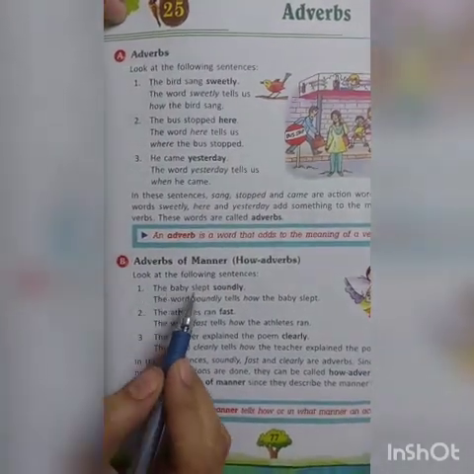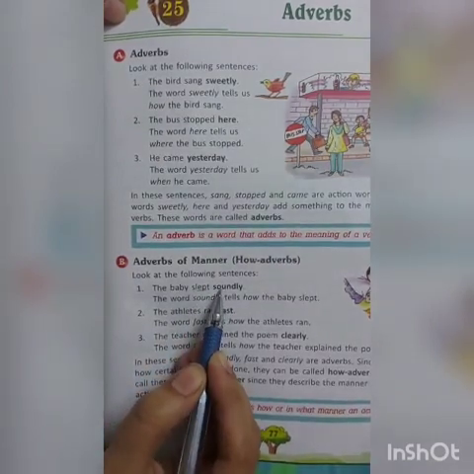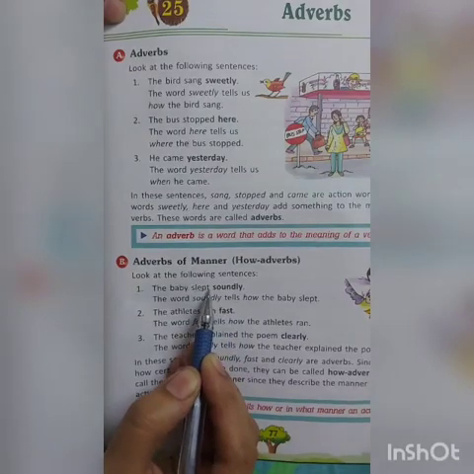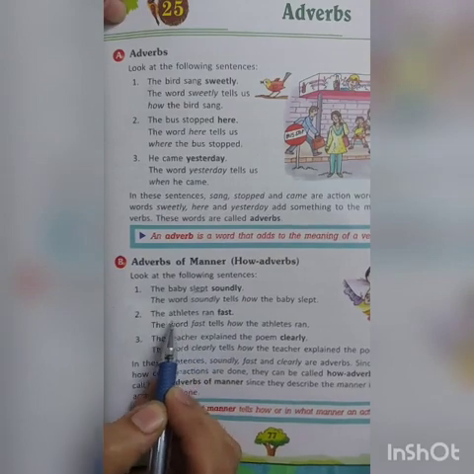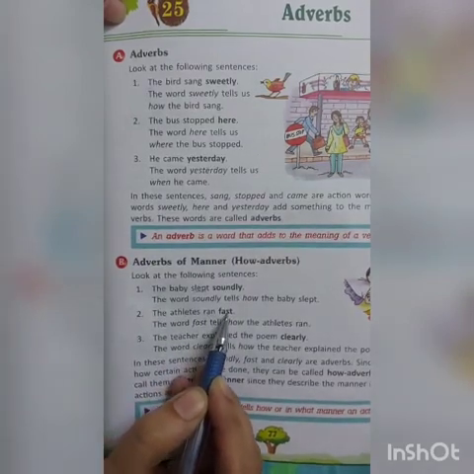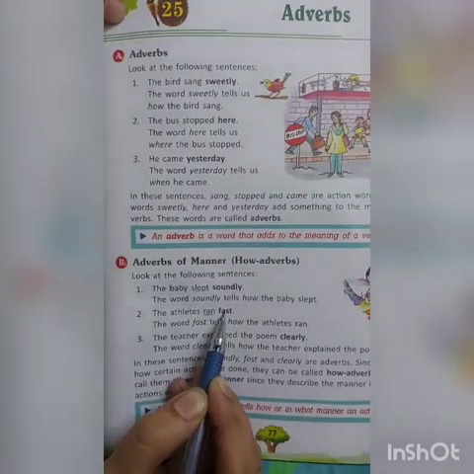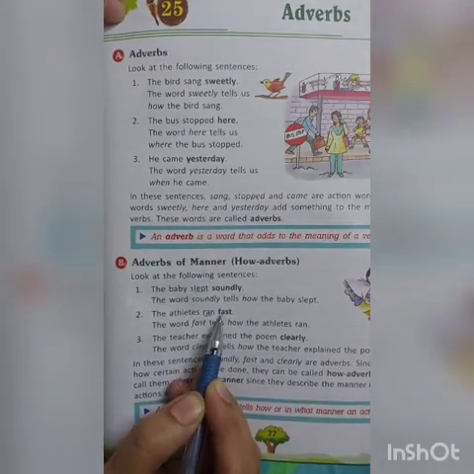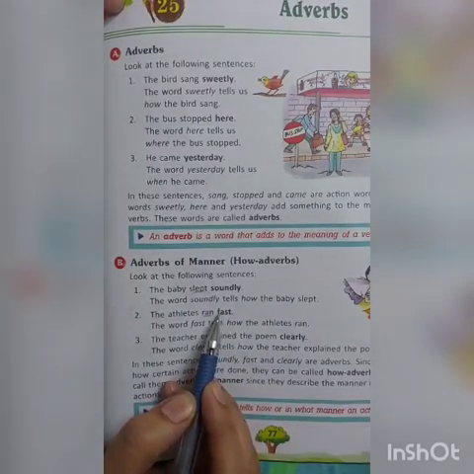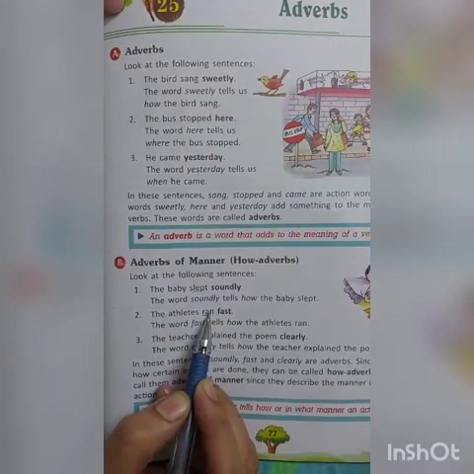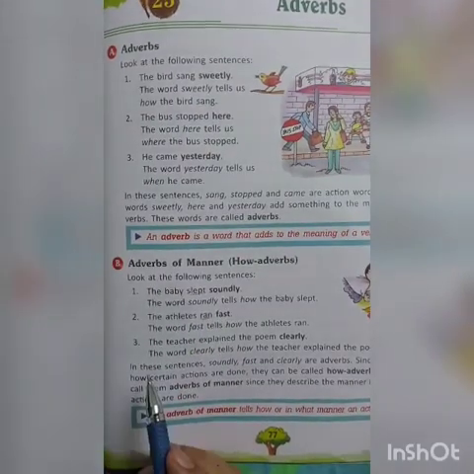Look here. The baby slept soundly. Slept is the verb and soundly is the adverb which is placed after the verb slept. Right? Similarly, the athletes ran fast. Now here, ran is the verb and fast is the adverb. Right? So here also you can notice that the adverb is placed after the verb it is describing.